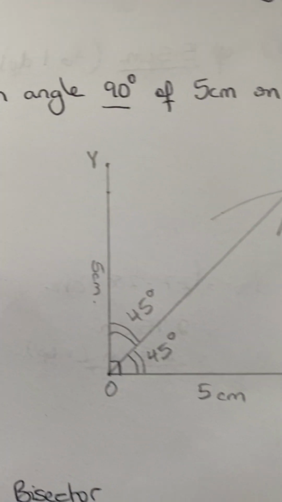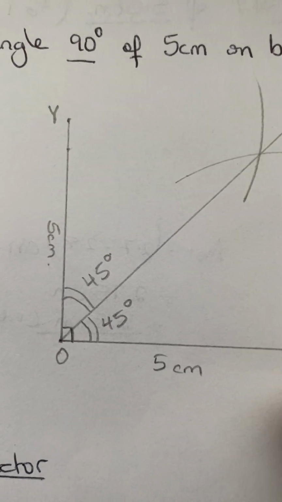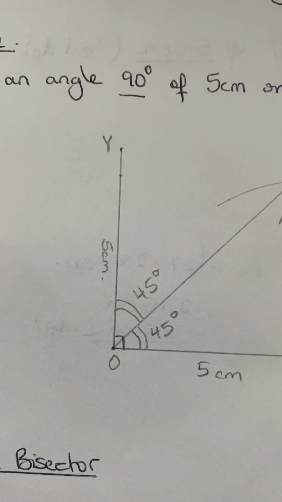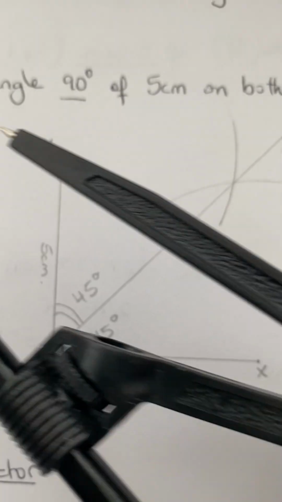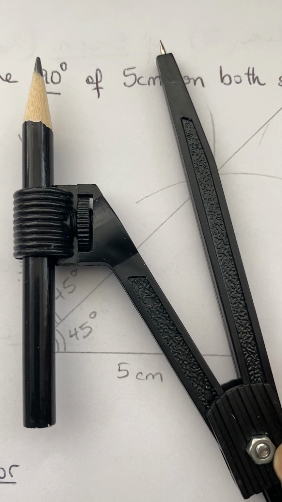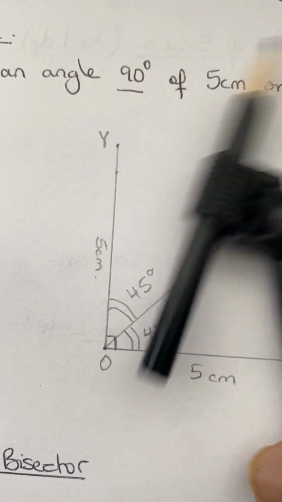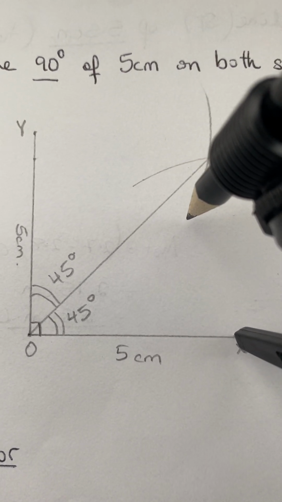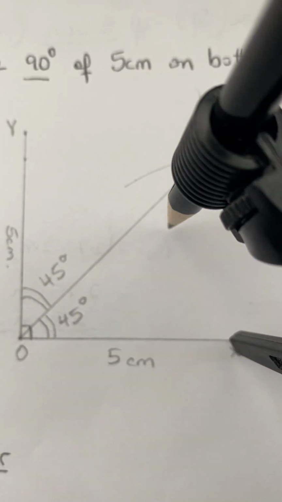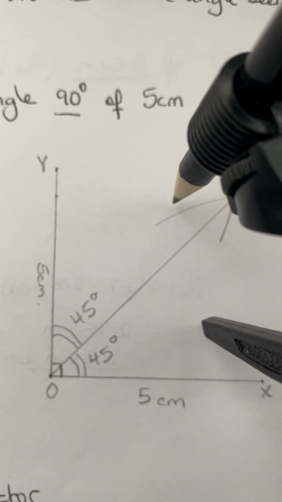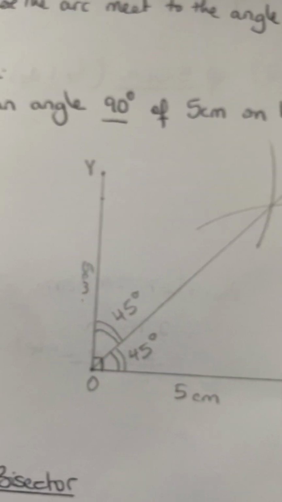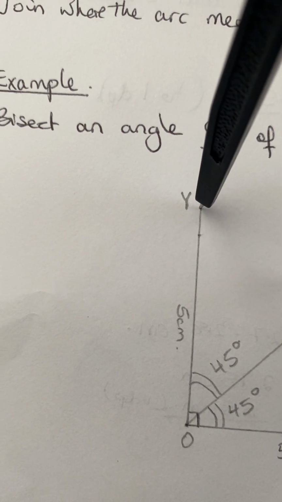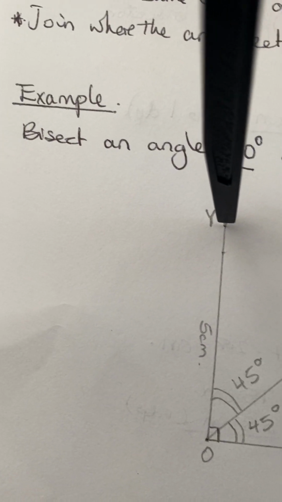Because I've already been given a measurement, 5 centimeters to 5 centimeters, you open your compass to a reasonable length. Okay, you put one at the end of the line, and then you draw an arc there. The same distance, you go to Y and draw an arc.